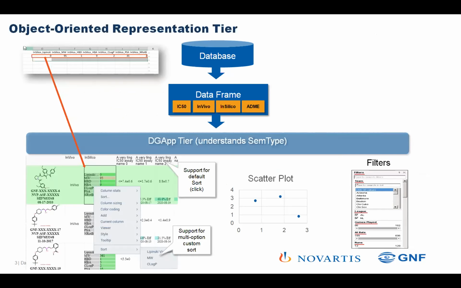This slide shows how this generic semantic type works on the application level. So we installed our derived column types into the application's main data frame, which is in turn installed into the Datagrok application tier, which understands the structure of the generic semantic type.